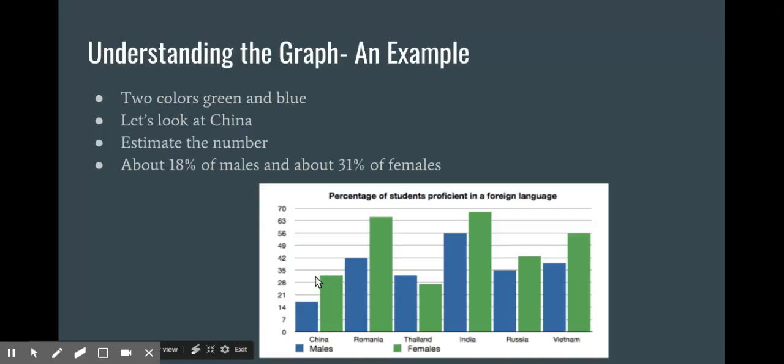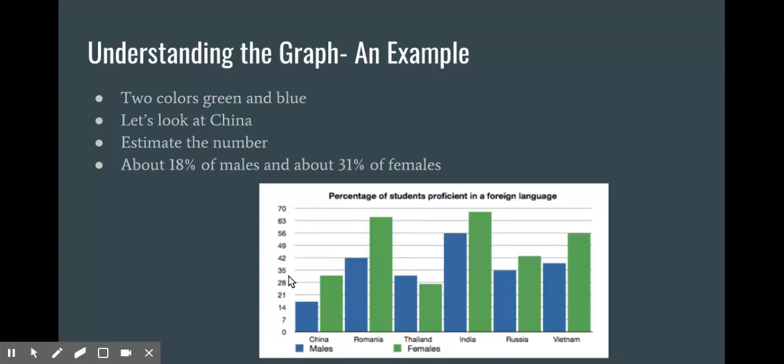And then we're going to go over towards the numbers to the left. And my finger, or my mouse, ends up being between 28 and 35. So we're between 28% and 35%. So we're going to estimate that at about 31%. So about 31% of Chinese females are proficient in a foreign language.